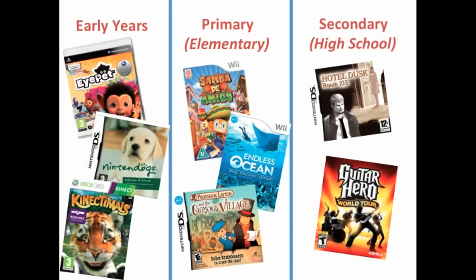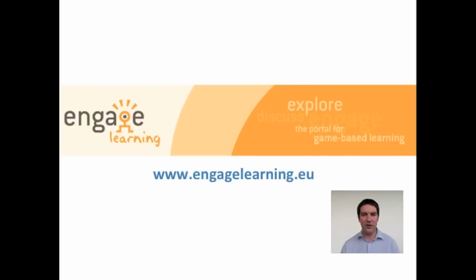And also, increasingly, we're starting to see the rise of narrative-driven games, such as Hotel Dusk: Room 215, but also other games which are available increasingly for tablets that we can start to explore. And I'll come back and talk about some tablet narrative-driven games in the next unit. So think about the different types of games that can be used.